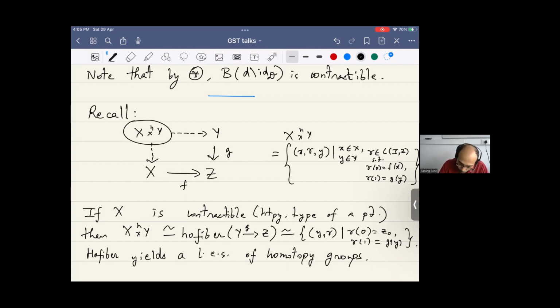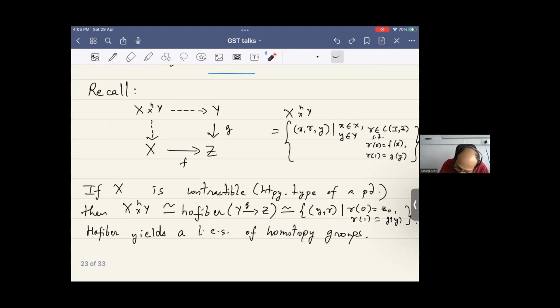And of course, I'm saying it's a model because in the homotopy world, everything is up to homotopy equivalence, right? So anything homotopy equivalent to this will also make this a homotopy Cartesian square.